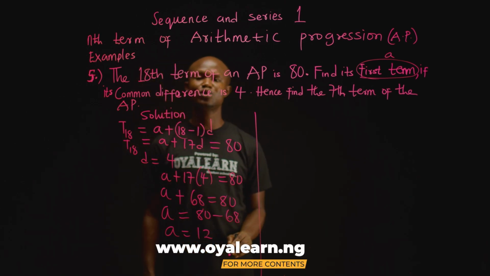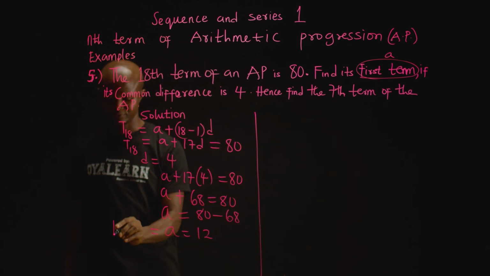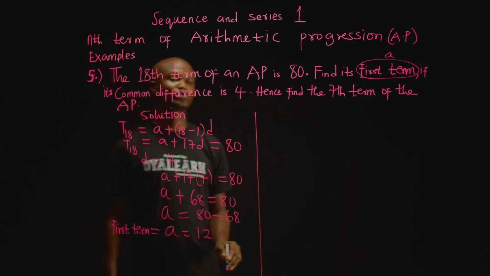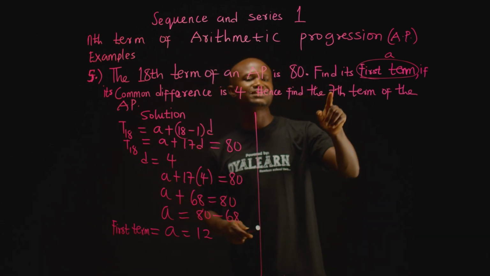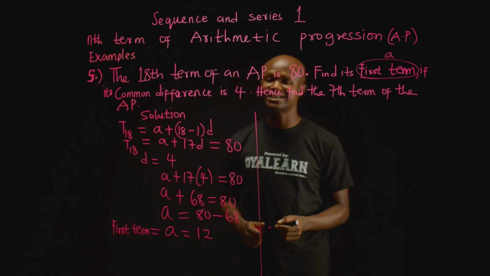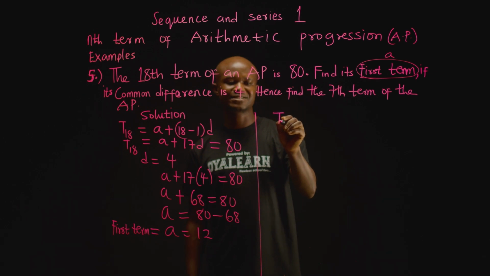So it means that the value of A, which represents the first term, equals 12. Now the second part of the question, hence find the 7th term of the AP. For us to find the 7th term of the AP, we write T7.